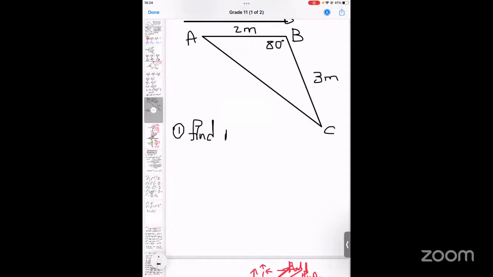If that one is, let's make it 40 degrees.